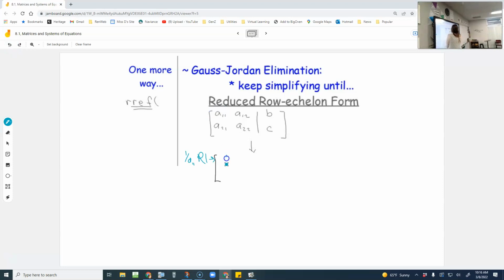So I would always get a 1 there, and then I would have A12 divided by A11, and I would have B divided by A11. No matter what I have, I would get my established 1. P.S. I'm too lazy to do the dot, dot, dots. I'm just doing a solid line. And we would say, sweet, so we've already done the first part.